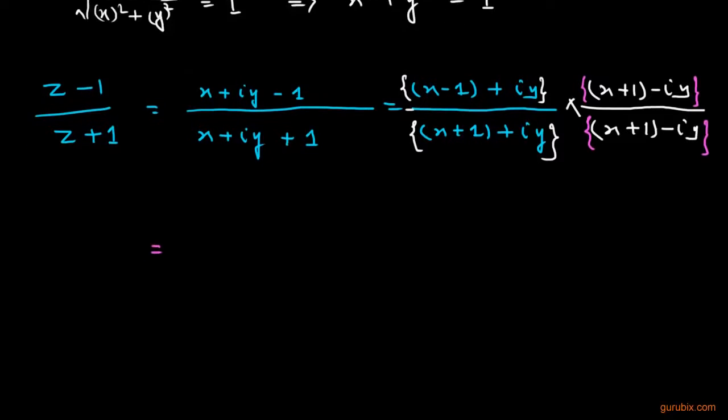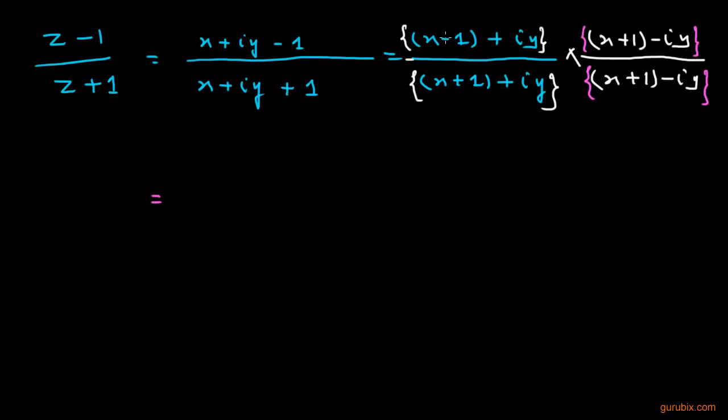If we solve this, we multiply x minus 1 with x plus 1, and we get (x minus 1) into (x plus 1). If we multiply x minus 1 with minus iota y, we have minus iota y into (x minus 1). If we multiply plus iota y with x plus 1, we get iota y into (x plus 1).